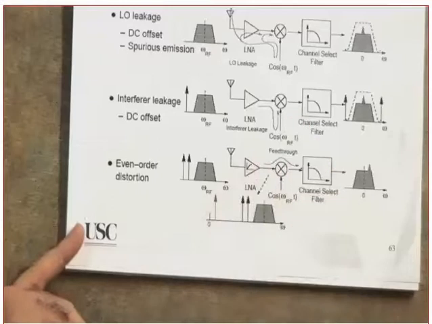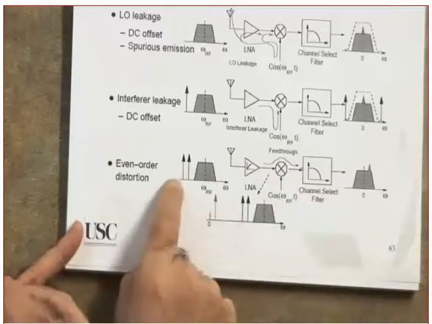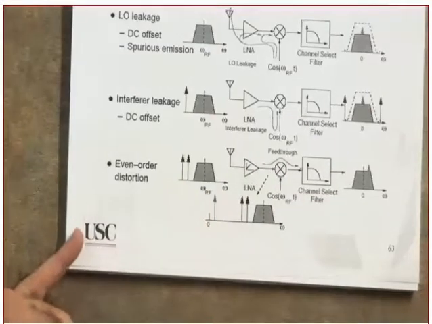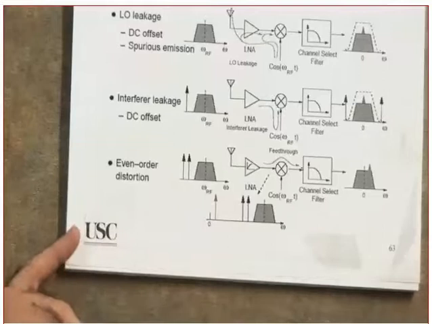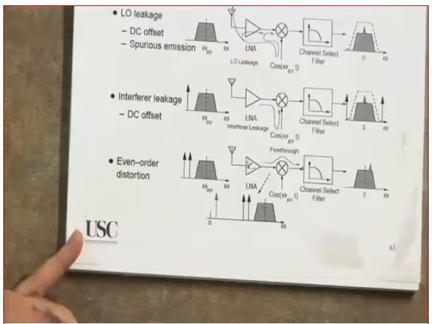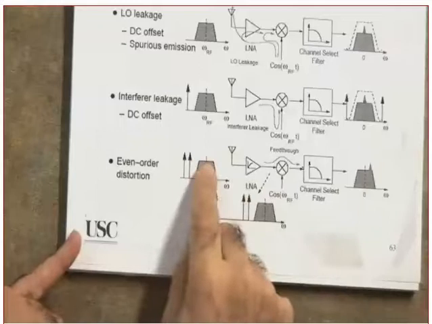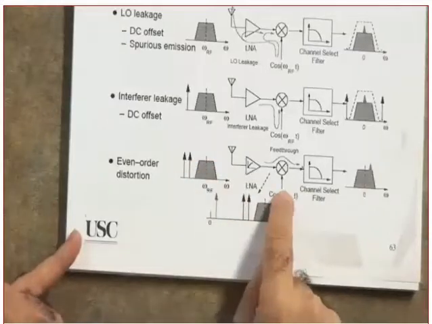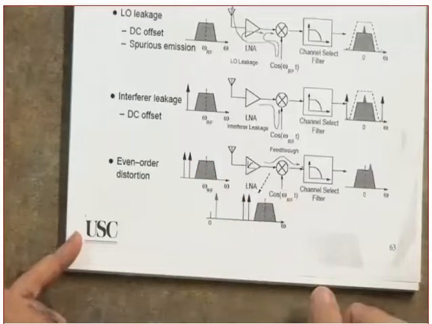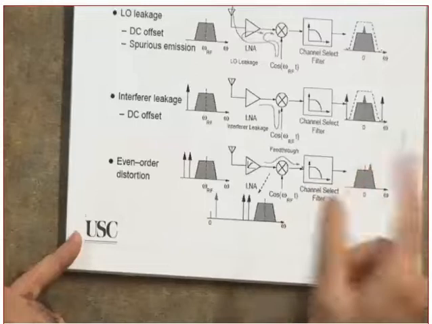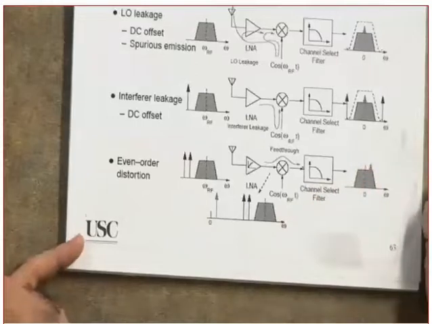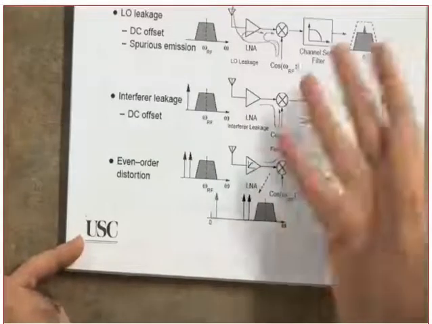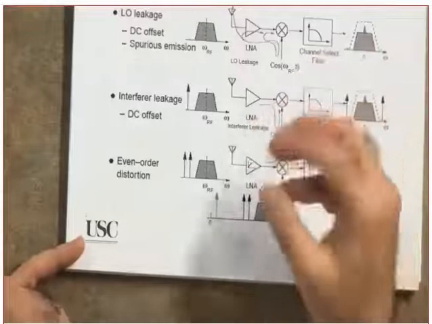Yes? 2F2 minus F1 is very close to what? Let's assume they are very close to each other. So 2F2 minus F1 will be very close to the desired one. And when it mixes with this one, you might have a problem because it will be very close to the DC. Yes or no?